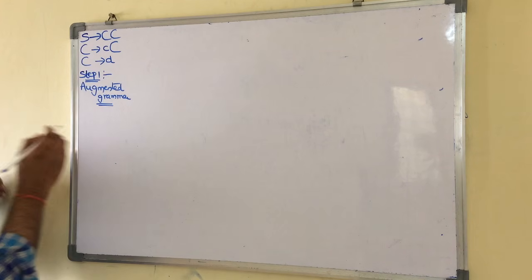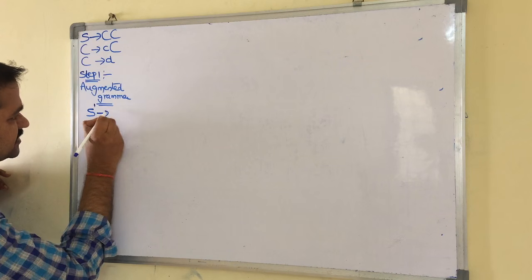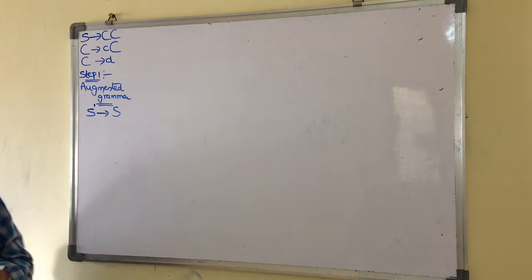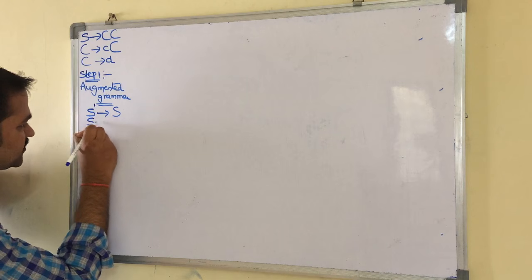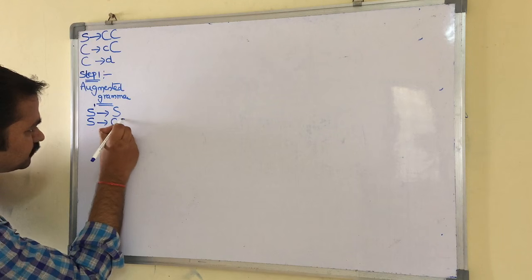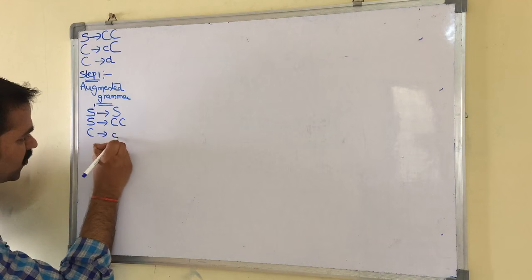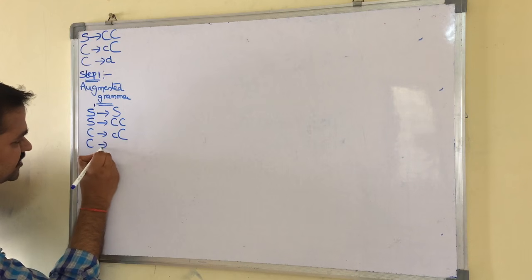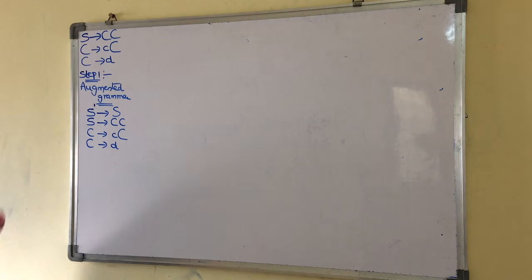Here the start symbol is S. So the augmented production is S dash produces S. And then write the remaining productions of the grammar as they are. The first production is S produces CC. Next one is C produces small c, capital C. Next one is C produces d. So this is step 1, writing the augmented grammar.